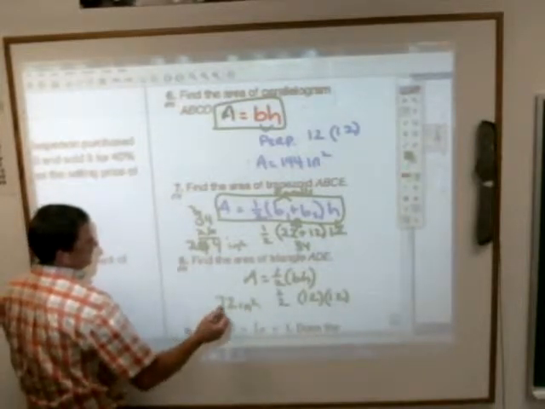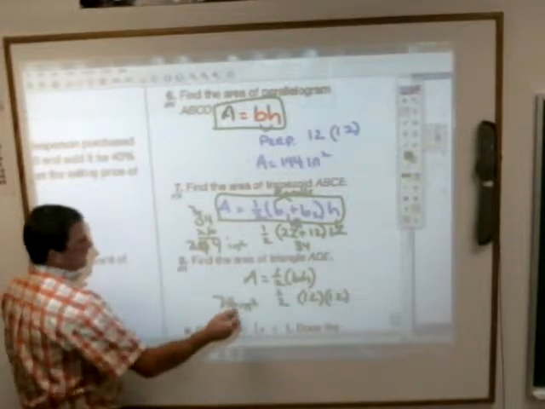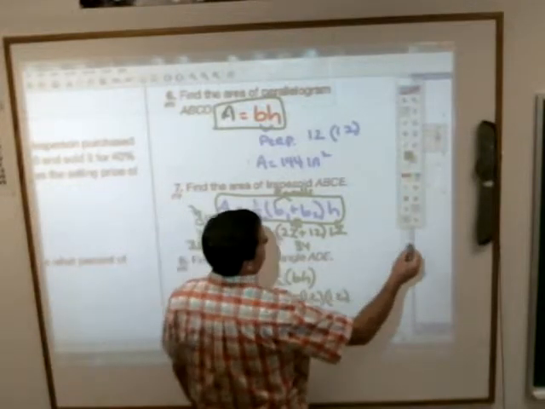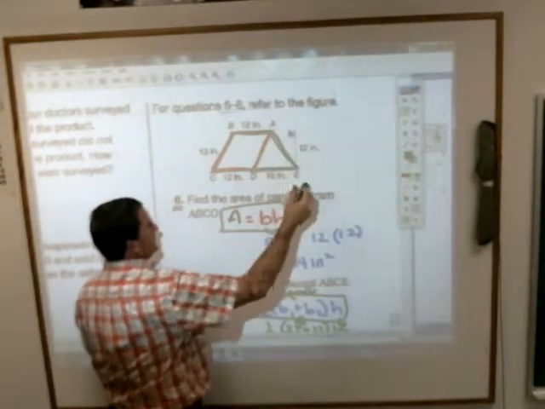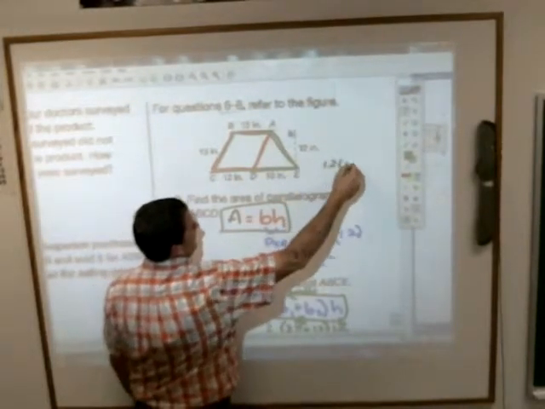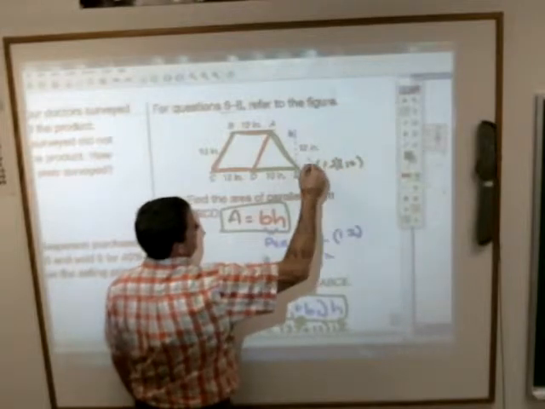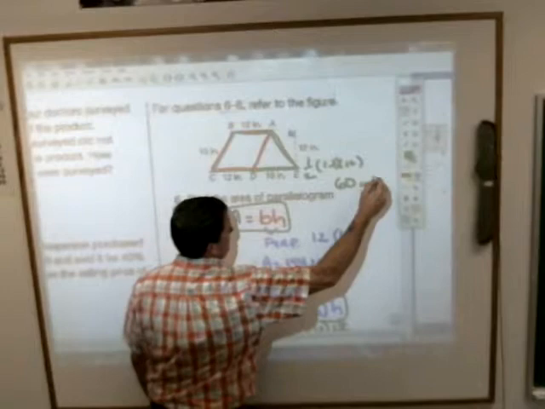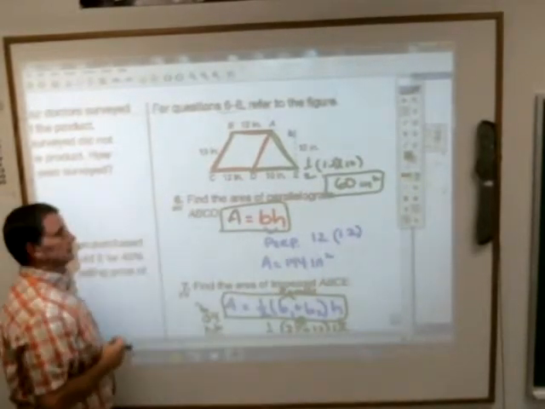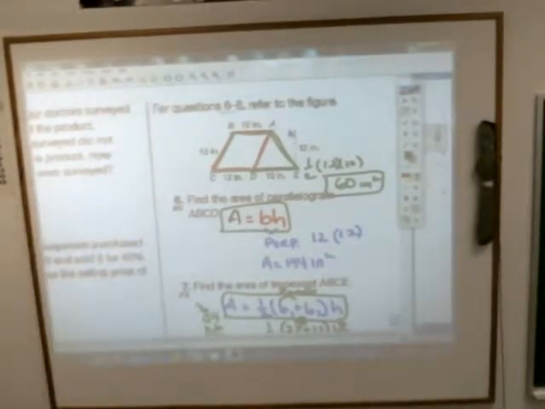Oh, I've got to look at the right triangle. Sorry, I was getting a little carried away. It's 10 for the base, 12 for the height, so 12 times 10 cut in half. My bad. Got a little crazy there. 60 inches squared. Perfect. Good for you and good for me.